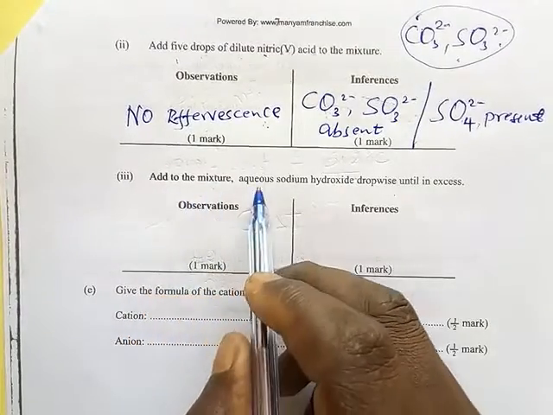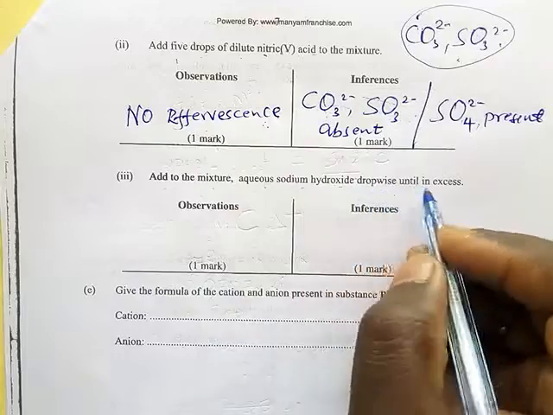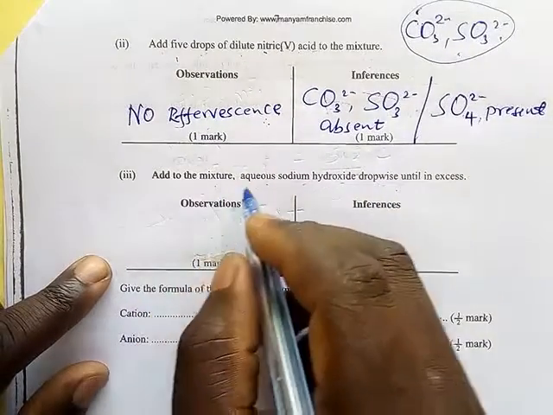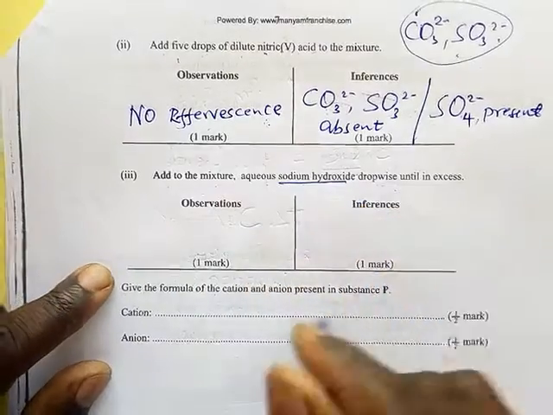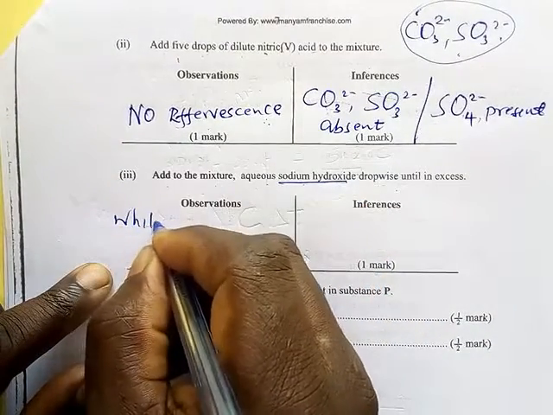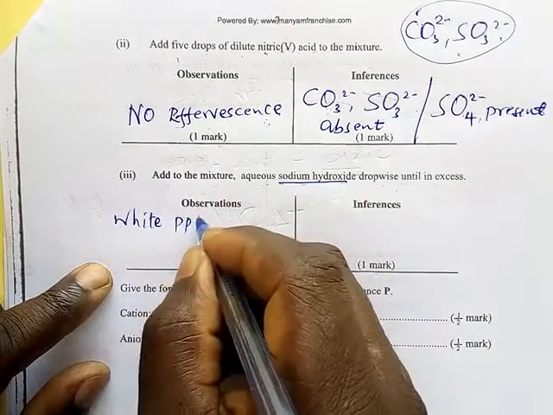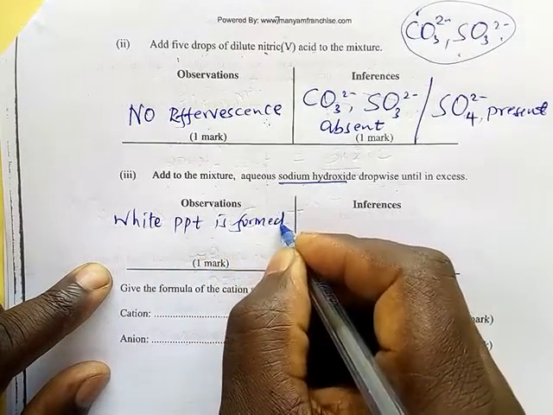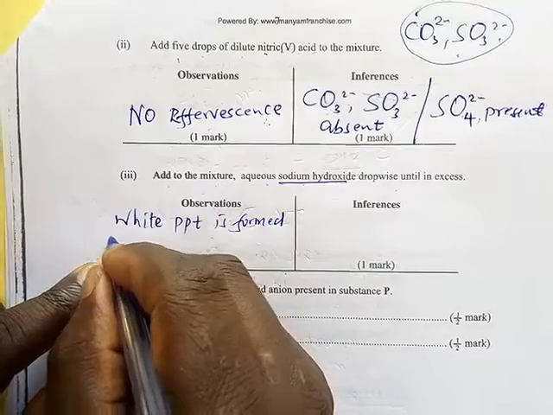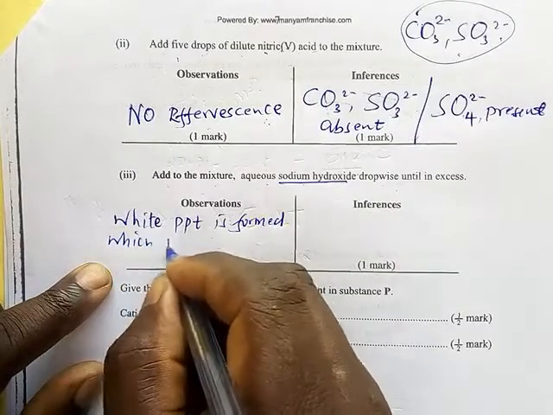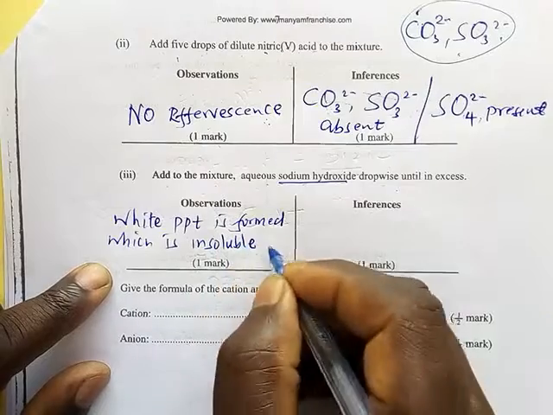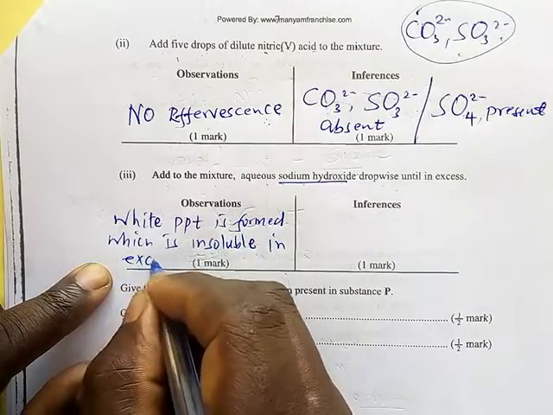Add to the mixture aqueous sodium hydroxide dropwise until in excess. We are adding sodium hydroxide. The observation is that a white precipitate is formed, which is insoluble in excess.